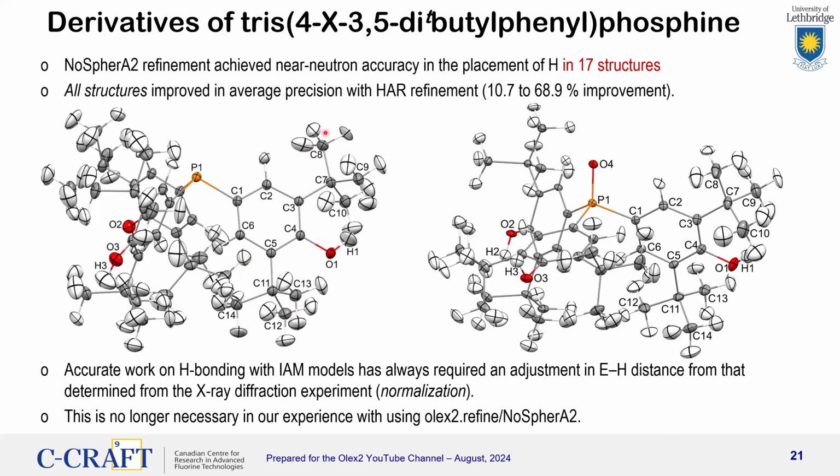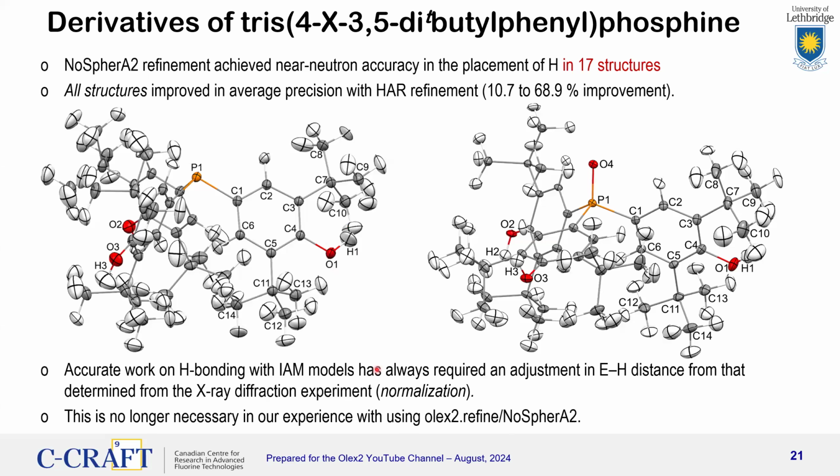And again, you can see how beautifully we've refined all the hydrogen atoms to the anisotropic displacement, especially for these very motionally active T-butyl groups. And significantly, these molecules all have these phenolic groups which are involved in a kind of hydrogen bonding.